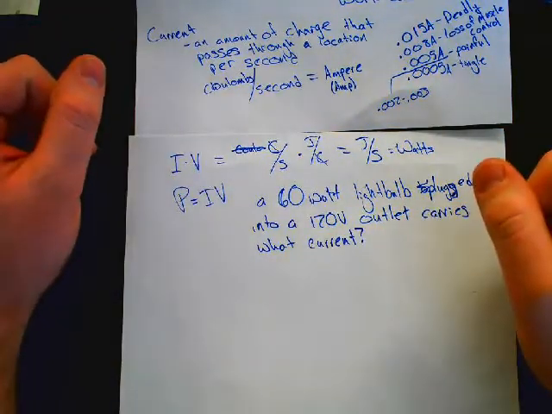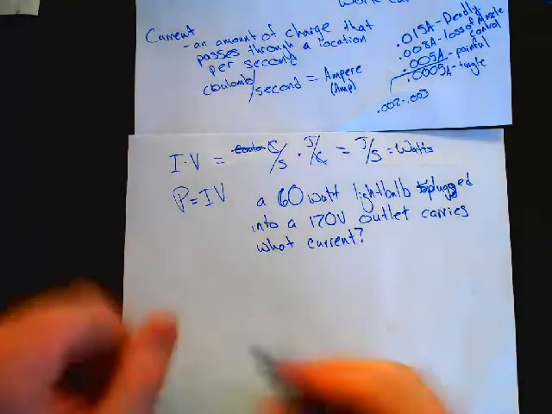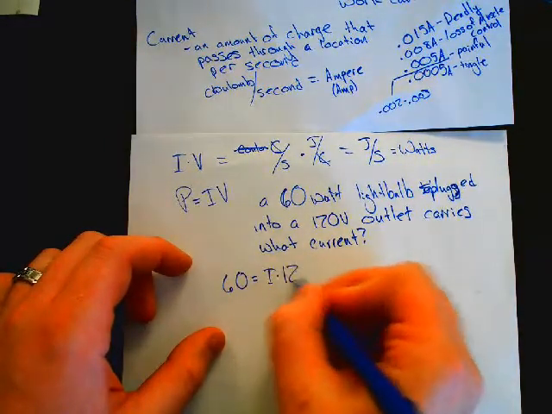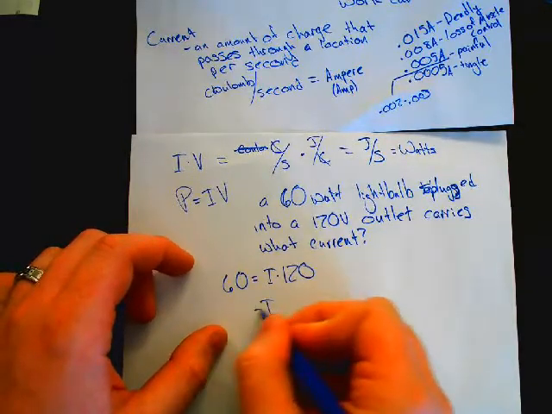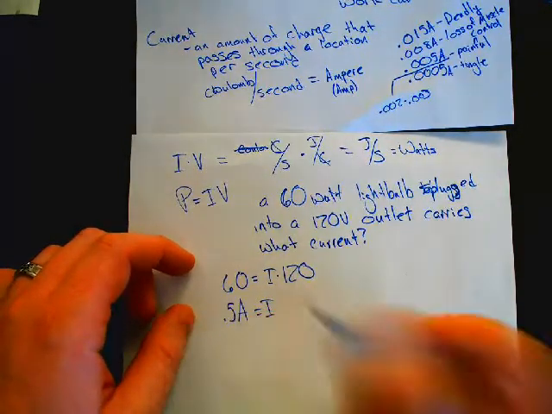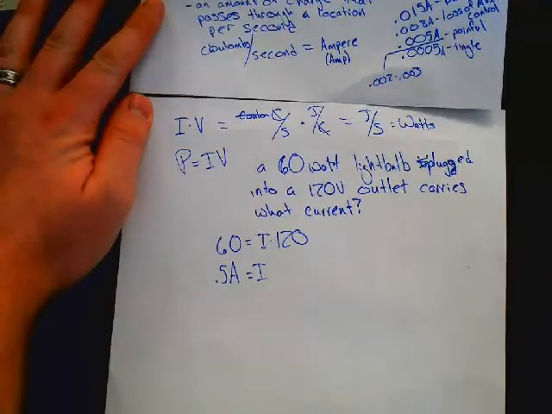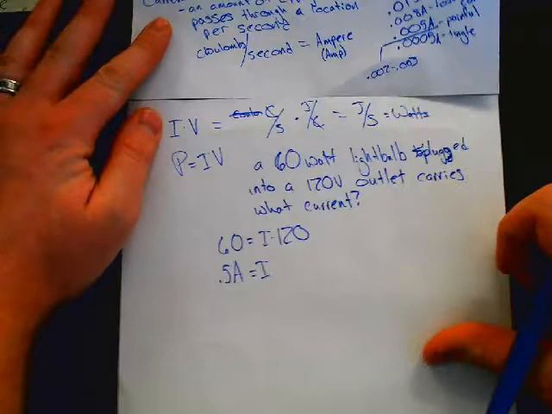Simply using P equals IV, we can determine that. So 60 equals I times 120. Therefore, I must be 0.5. So half an amp is the current running through a 60-watt light bulb plugged into a standard socket.